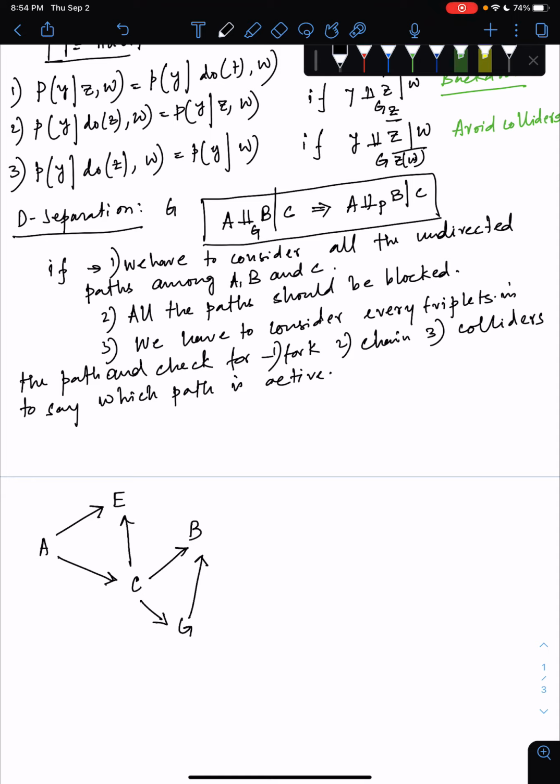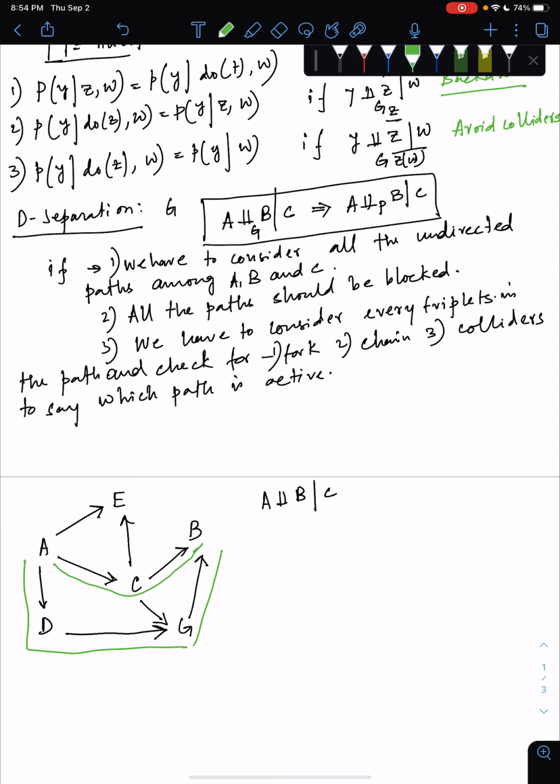So first, we need to check this: A and B are conditionally independent with respect to C. First we have to see what paths there are from A, C to B. So this is one particular path, right? And this is also another particular path. So we have got 3 paths. There is this D, there is this guy, so we have this path.